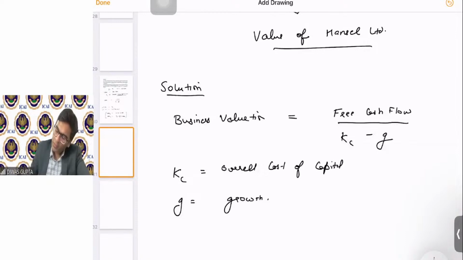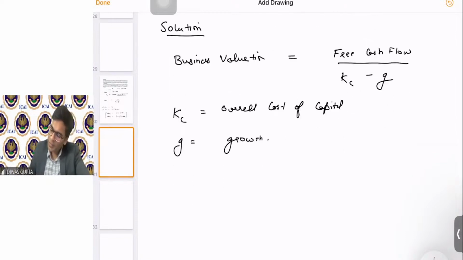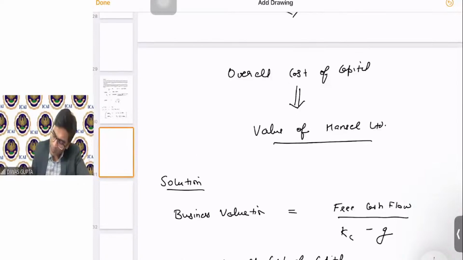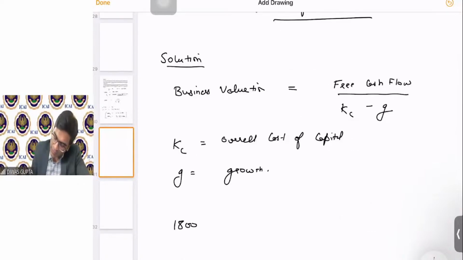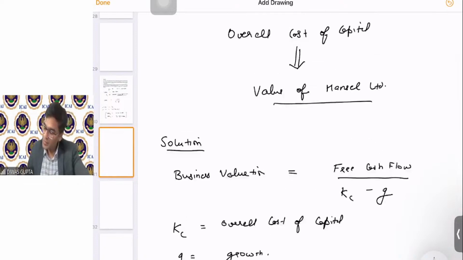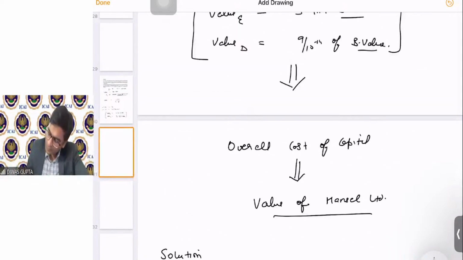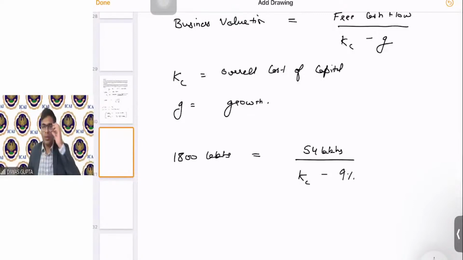Correct? Now, business valuation is given to us in the first place as 1800 lakhs. So 1800 lakhs is equal to free cash flow, which is 54 lakhs, divided by overall cost of capital minus growth, which is 9%. Growth is 9%, students.